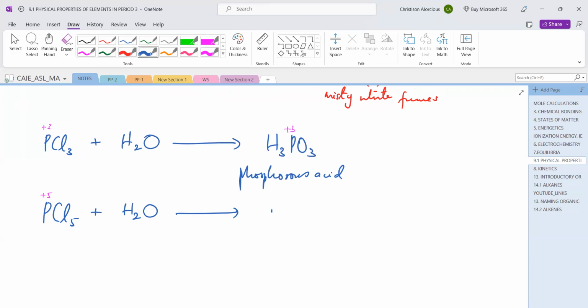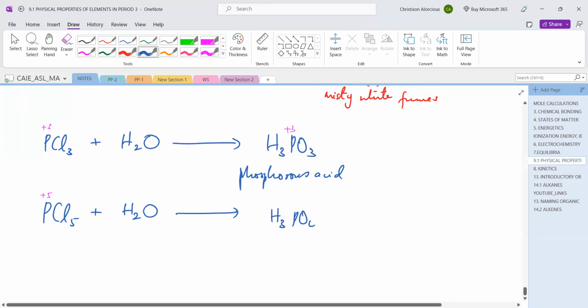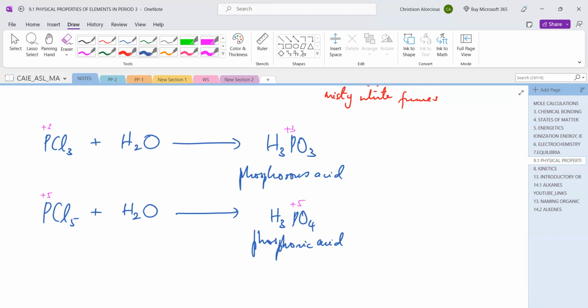And you will have here H3PO4, which contains phosphorus in the +5 oxidation state. This is your more common phosphoric acid, more correctly called phosphoric(V) acid, with the oxidation state of phosphorus being stated. Both reactions are highly vigorous.